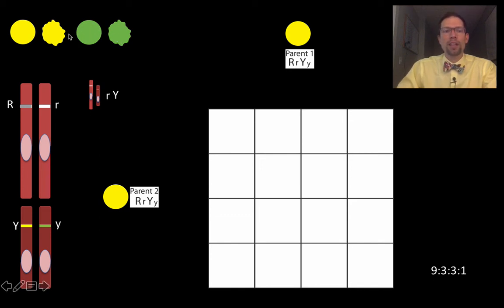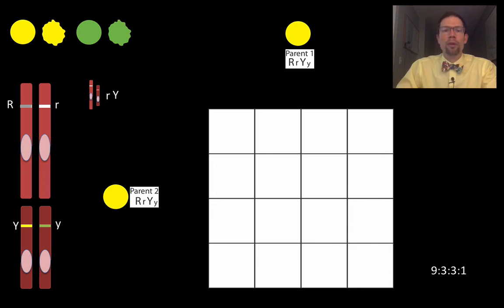But when it came to shape, the dominant phenotype was round, and the recessive phenotype was wrinkled. And so he would have a true breeding population of round yellow seeds and a true breeding population of green wrinkled seeds.